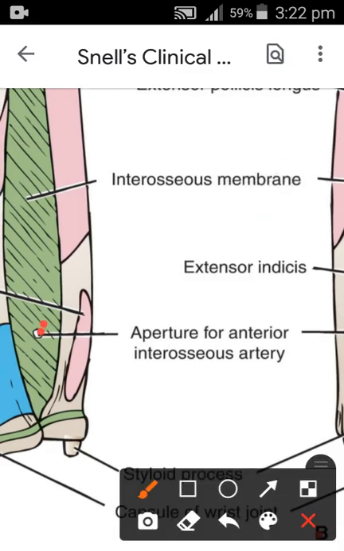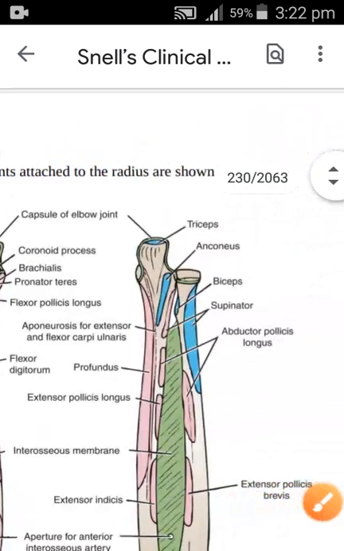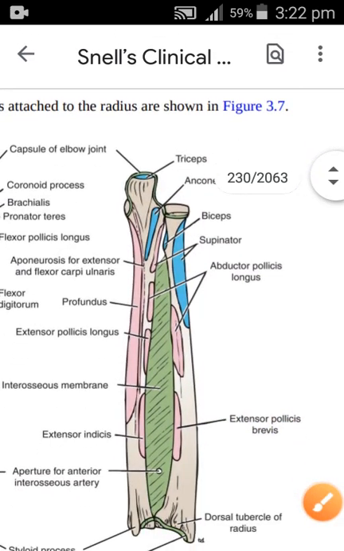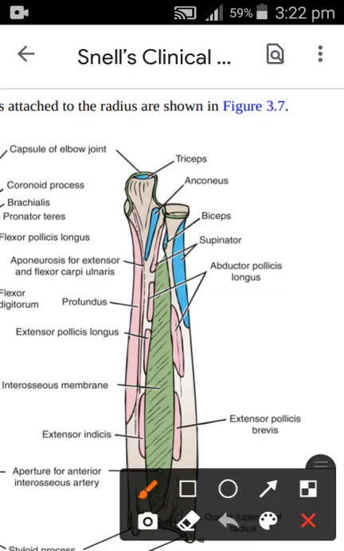Now, on the olecranon process of the ulna, the triceps muscle is attached. Which muscle? The triceps muscle is attached. Below the olecranon process, here is the insertion of the anconeus muscle.